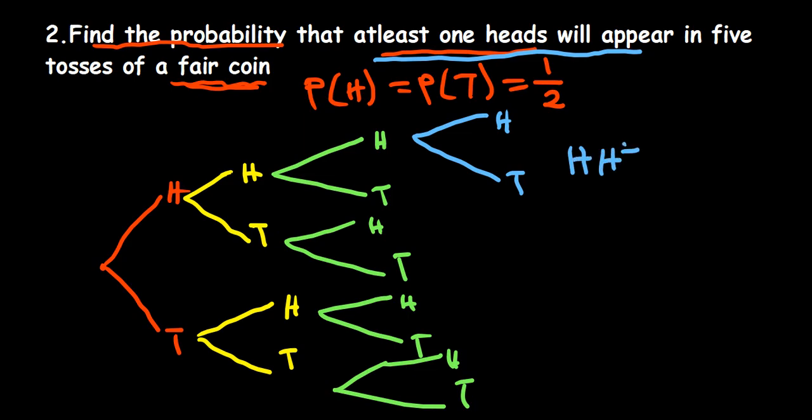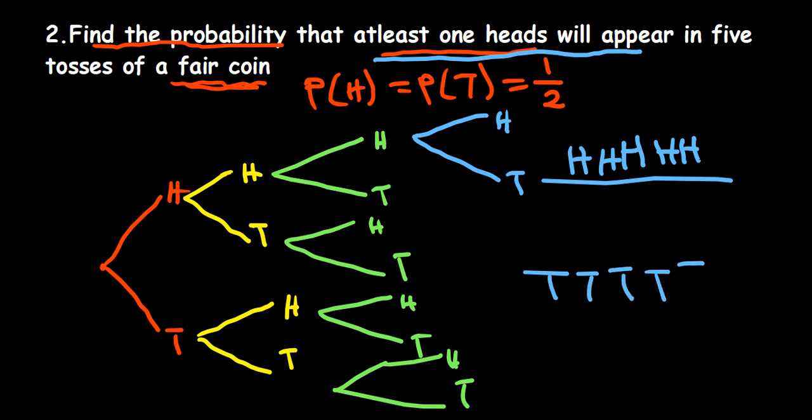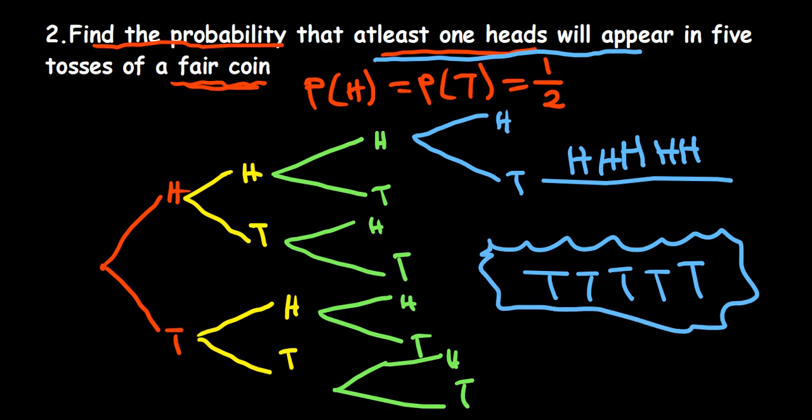There is only one situation where we won't have a head in our 5 tosses, and that is when you obtain tail, tail, tail, tail, tail. If you have this situation, it means you have no head in your 5 tosses.